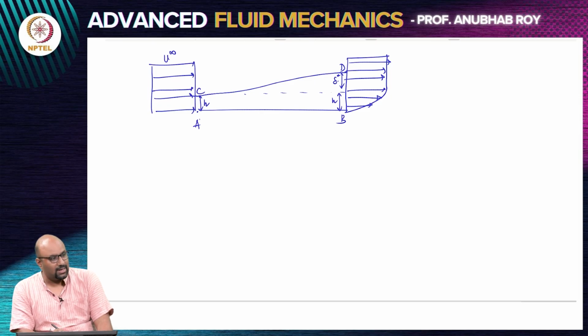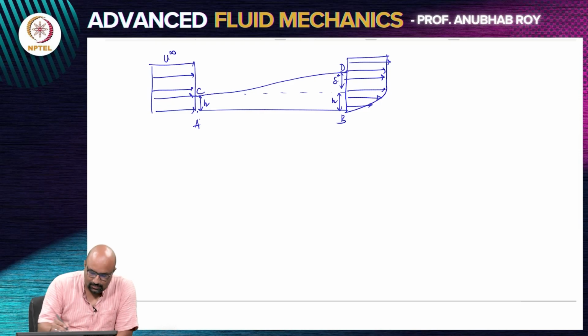So, delta star is the amount by which that streamline has gotten deflected from its inviscid location. If we were doing an inviscid theory, then obviously we would have had delta star being 0, right.